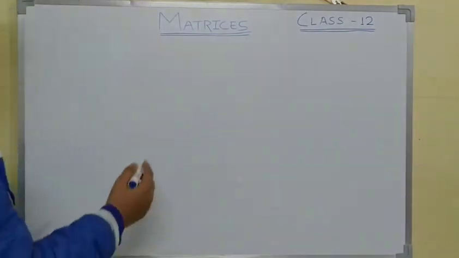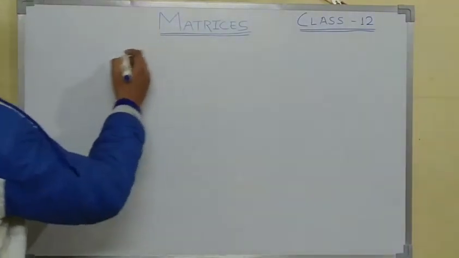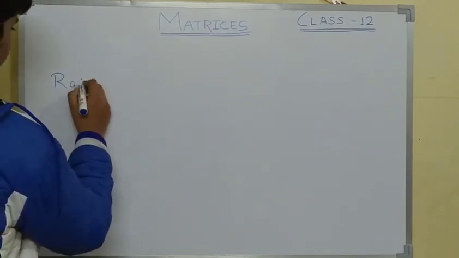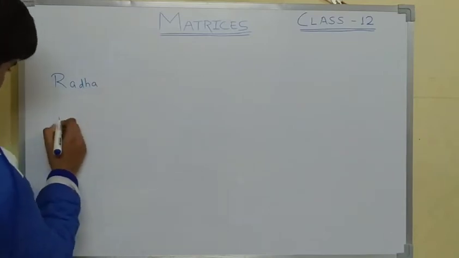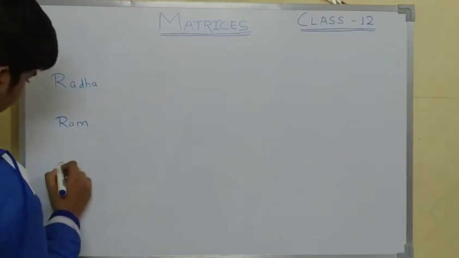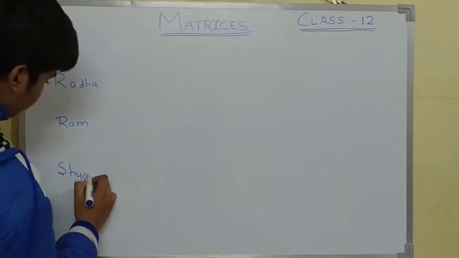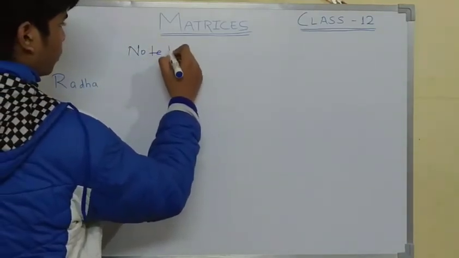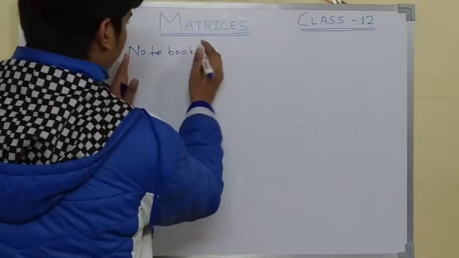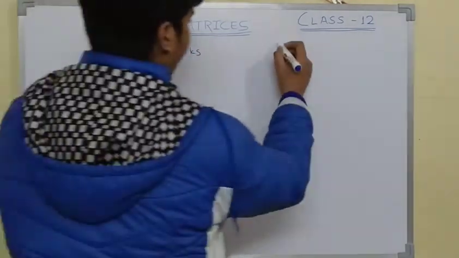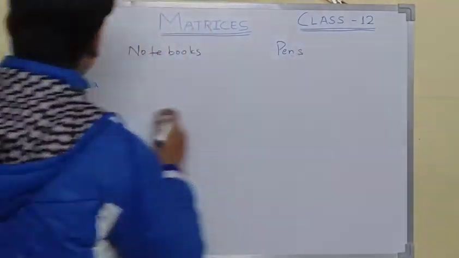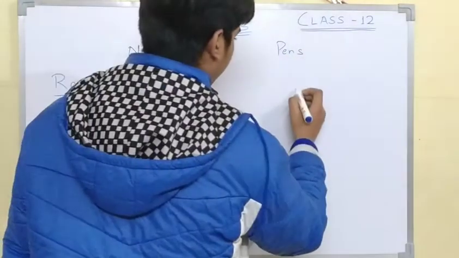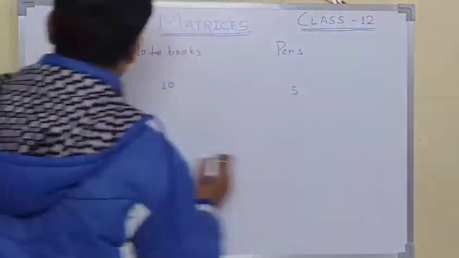Let's take some more examples of information. Let's take Radha, Ram, and Shyam. Here I will write the number of notebooks they have, and here the number of pens they have. Let's suppose Radha has 10 notebooks and 5 pens.